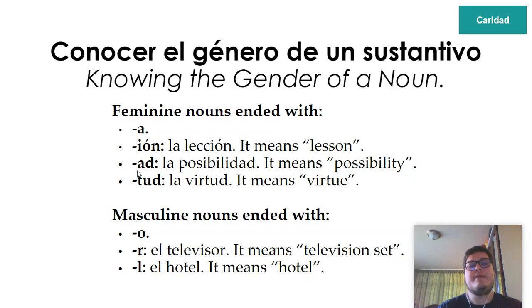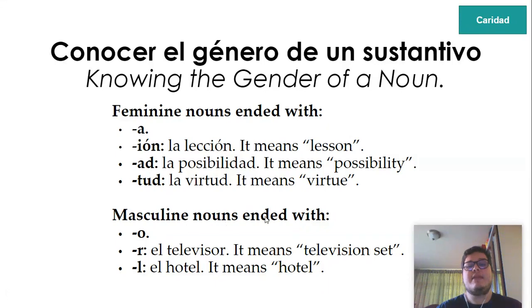If the word ends with dad, like la posibilidad, it means possibility. If the word ends with tud, la virtud, it means virtue. We know that in both cases they are feminine. So try to remember these endings: A, ión, dad, tud.